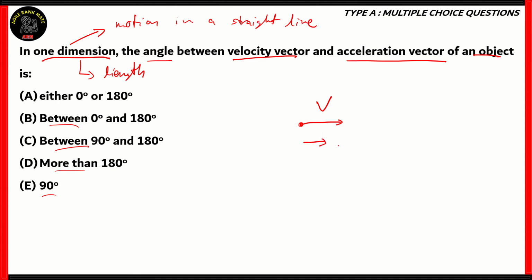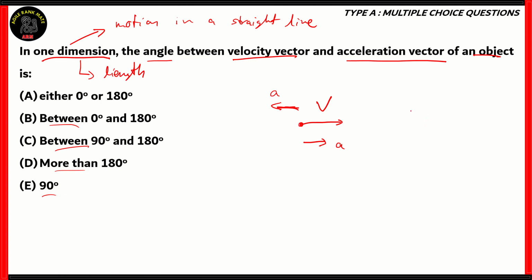So you can accelerate in the direction of the velocity vector, speeding it up, or you can accelerate in the exact opposite direction, slowing it down. You can't use any other direction such as up or down because we're dealing with one dimension.